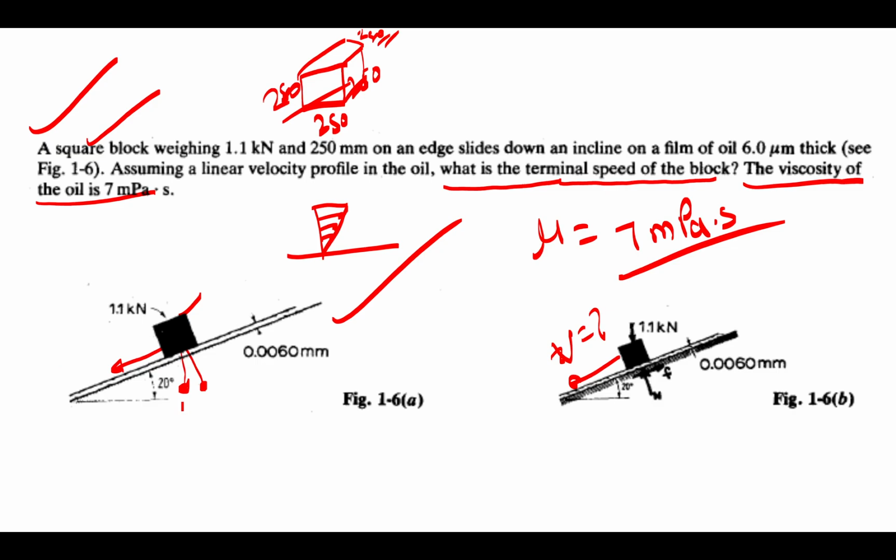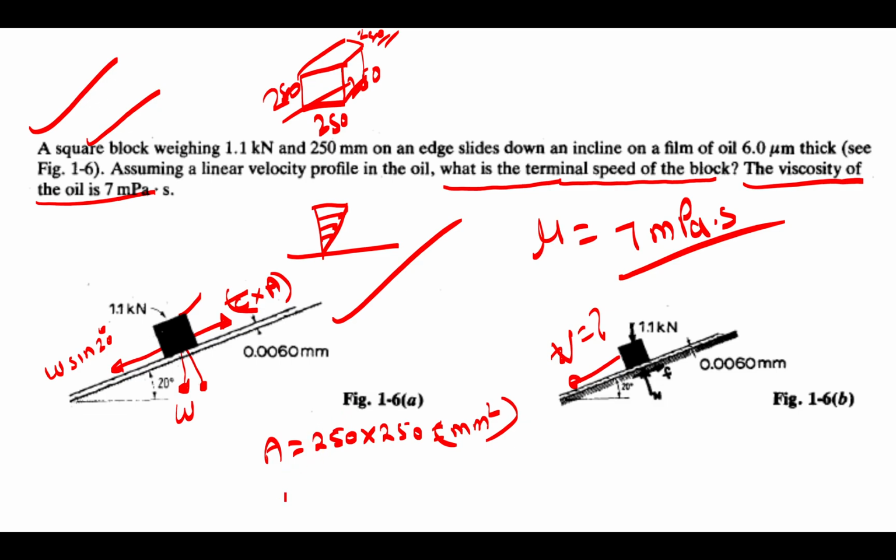If this is weight W, then W sine theta, sine 20 degree, is resisted by your shear force, that is tau into area. What is the area? Area is nothing but 250 into 250 mm square. What is tau?